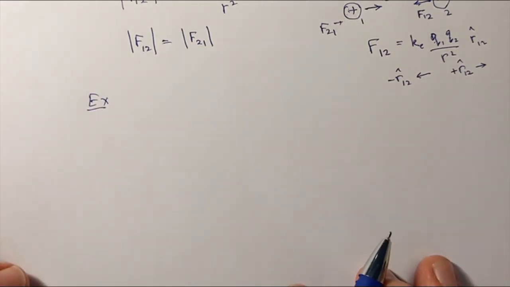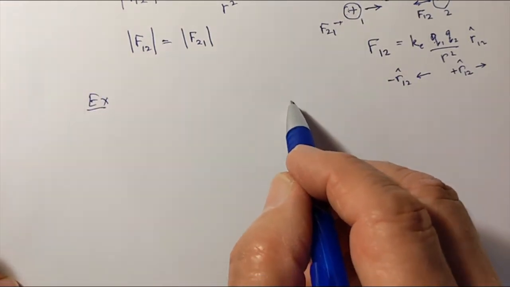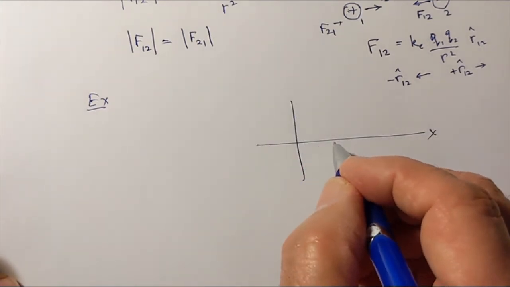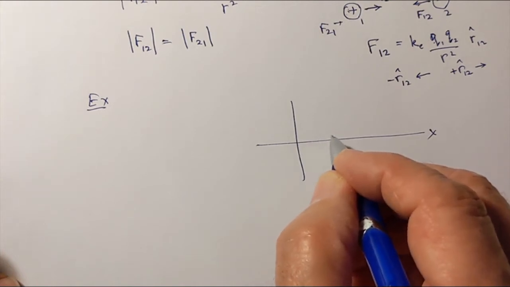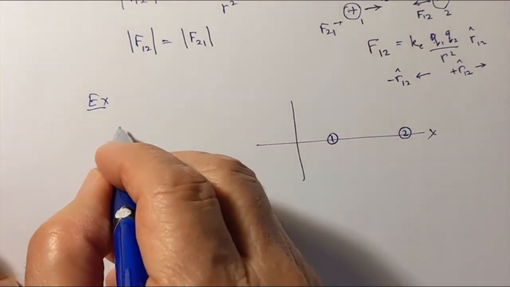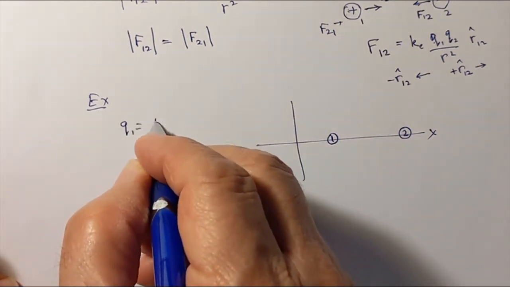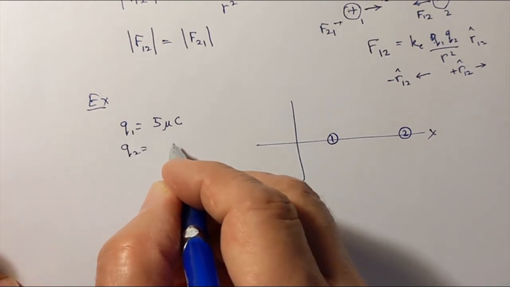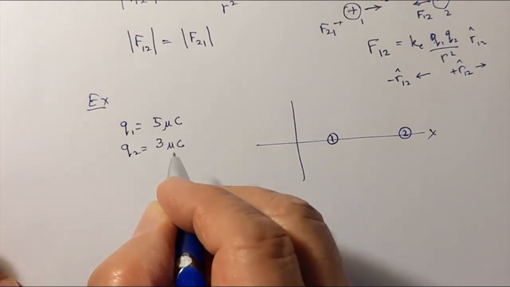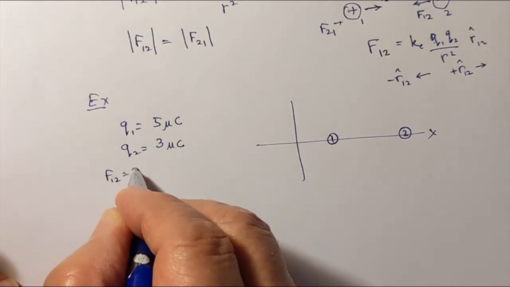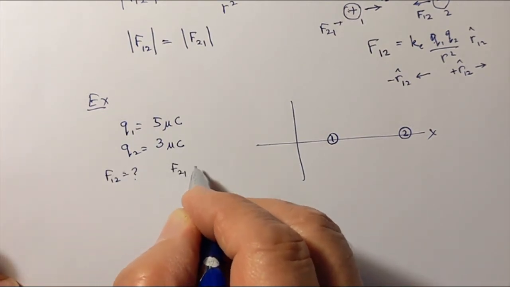So let's suppose we have two charges, and let's stay on the x-axis. So we have one charge, Q1, this is charge 1, and this is charge 2, and Q1 is 5 microcoulombs, Q2 is 3 microcoulombs, and the question is, what is F12 and what is F21?